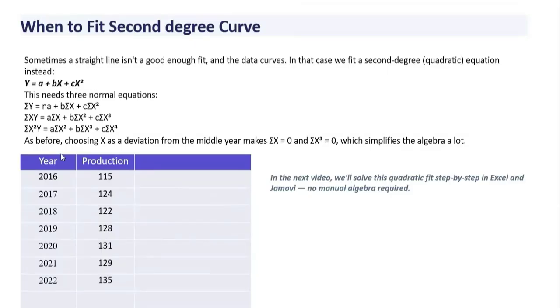This needs 3 normal equations instead of 2, a bit more algebra, but the same trick of centering x at 0 to simplify things still works. Solving this in Excel or Jamovi, no manual algebra required.